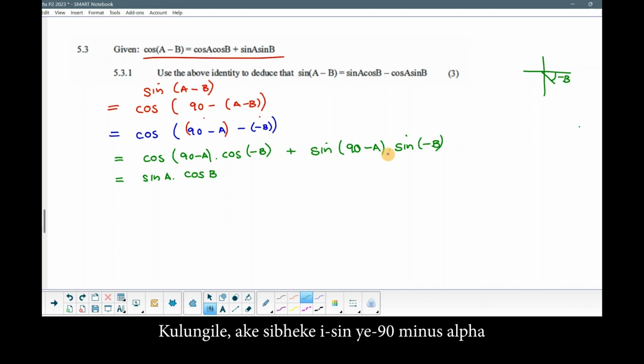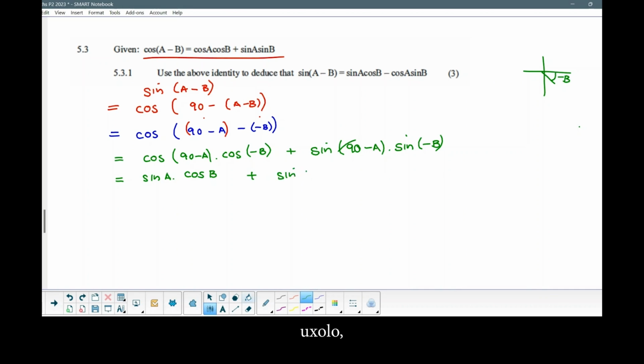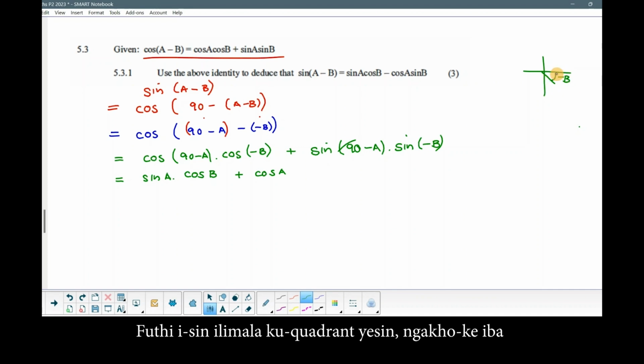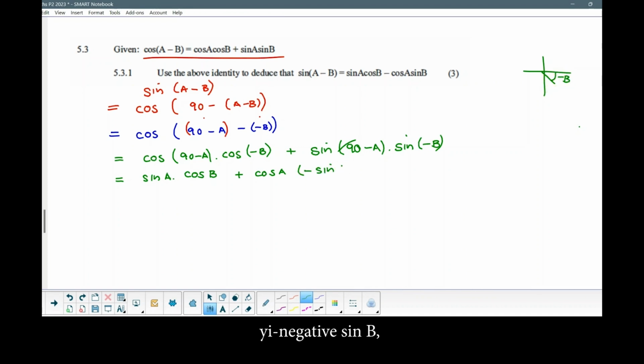Right, let's look at sine of 90 minus A, which becomes cos of A. And sine of minus B, again, sine is negative in quadrant 4, so it becomes negative sine B. Right, let's neaten that up.